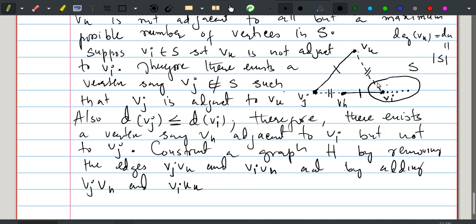Similarly here, this edge is removed, this edge is added.